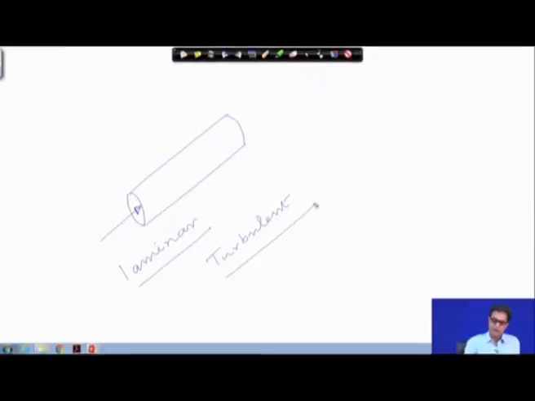Now, when we talk about the internal flow through a circular tube, what we need to know is also the flow condition, whether the flow is laminar or turbulent. Depending on that, the heat transfer coefficient will change.